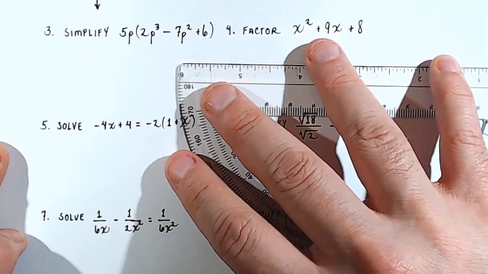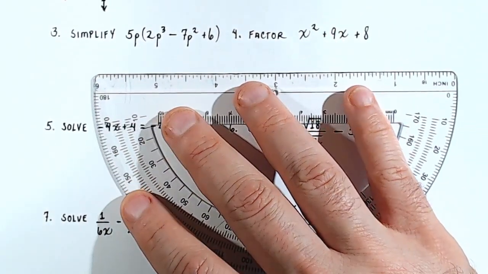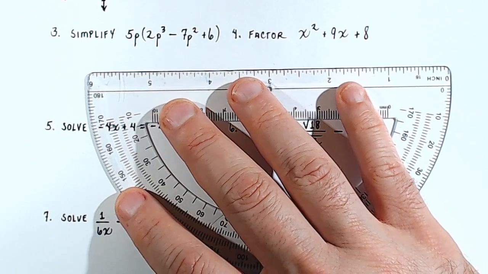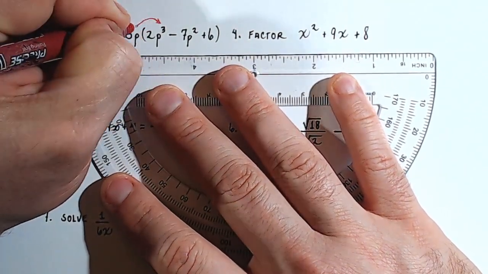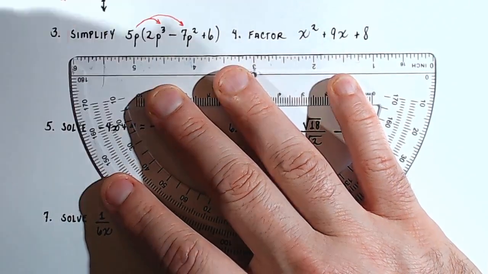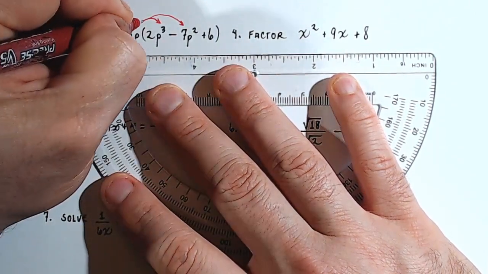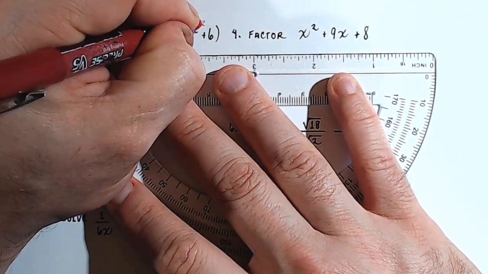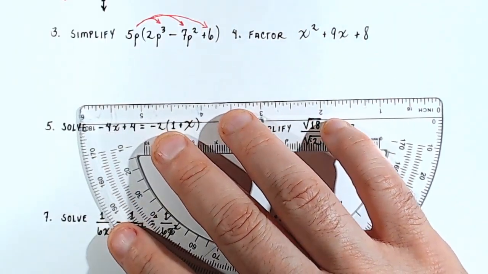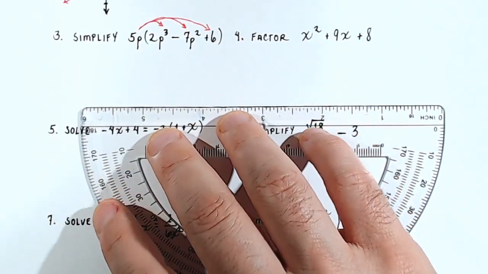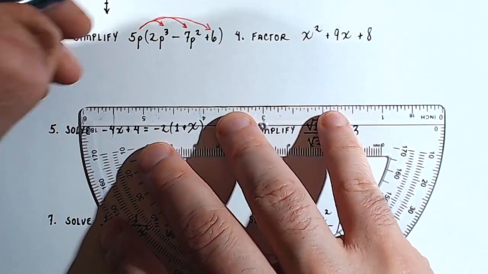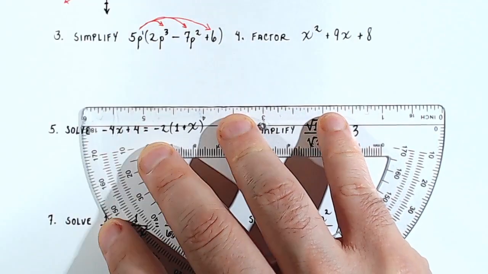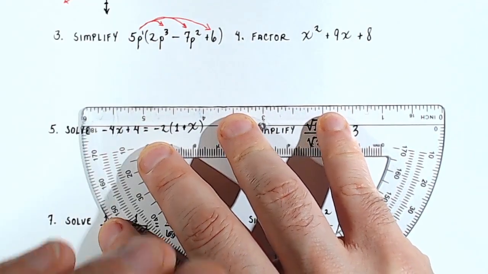Number 3, we're asked to simplify, and here we have to apply the product rule of exponents and the distributive property. What I'll be doing is distributing 5p through each term in this parenthetical expression. So 5p times 2p cubed is 10p to the 4th, because remember, p has an exponent of 1, and when I multiply those p's together, I add their exponents.